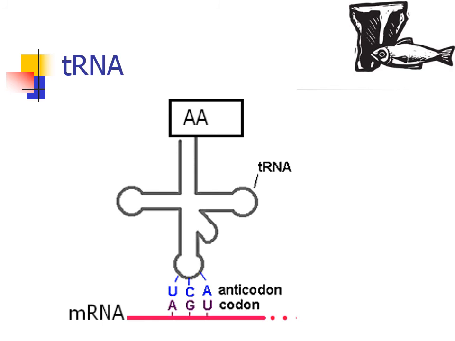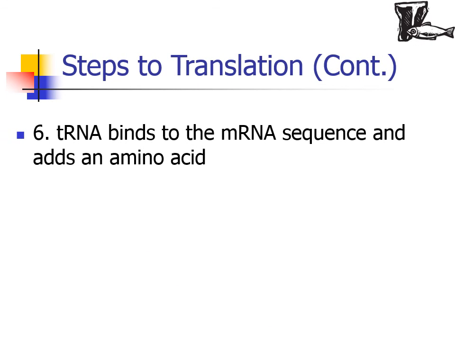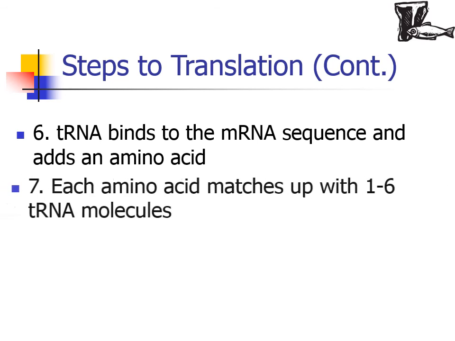So let's say this is just a random example. This is not probably right. But let's say that this is actually methionine, met. Therefore, this codon will code for methionine through this anticodon base pairing. The tRNA anticodon will bind to the messenger RNA codon, and then we'll add an amino acid to the growing chain.